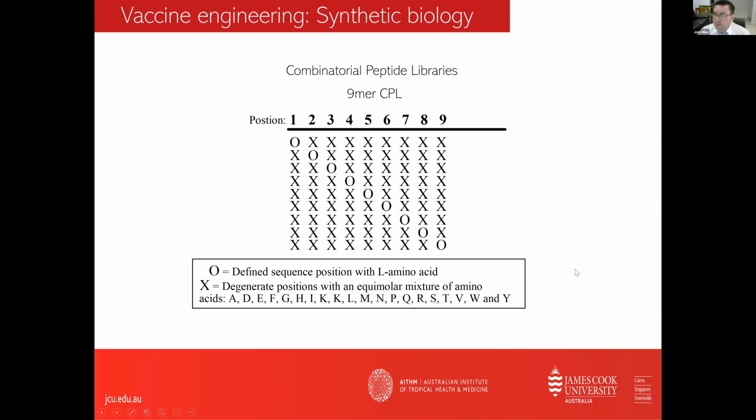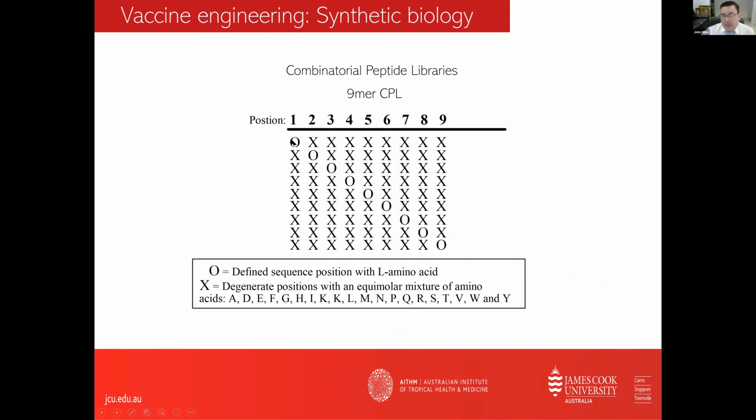Okay, so what I was doing in my postdoc was using what are called combinatorial peptide libraries. It took me like 3 months to understand what they actually are, but I'll try to explain it quickly. So you have a T cell epitope, say it's 9 amino acids long.